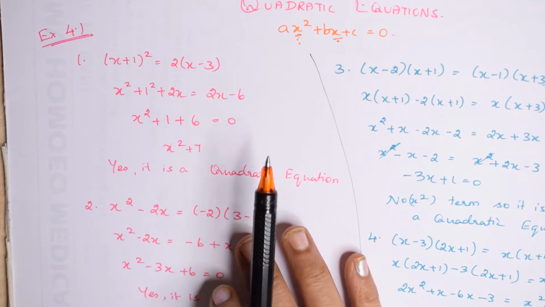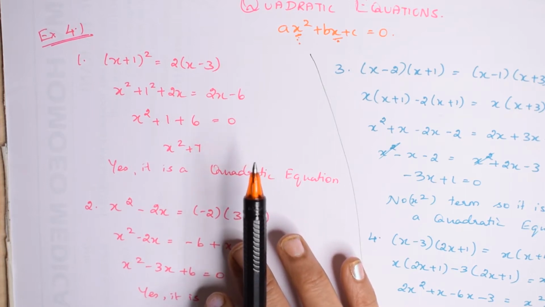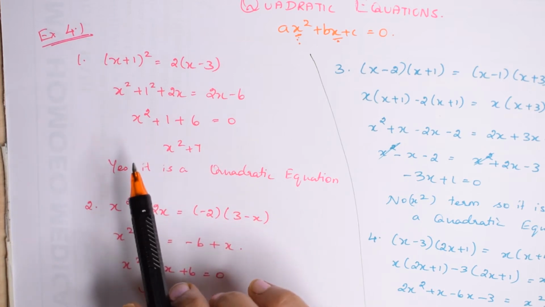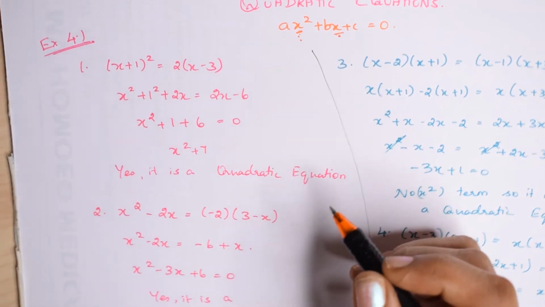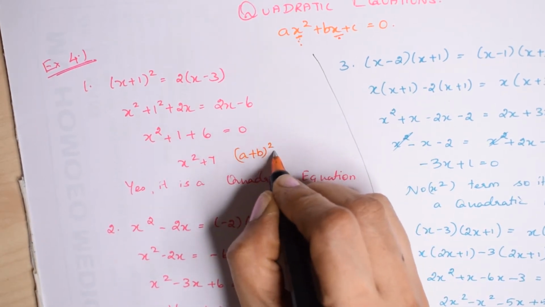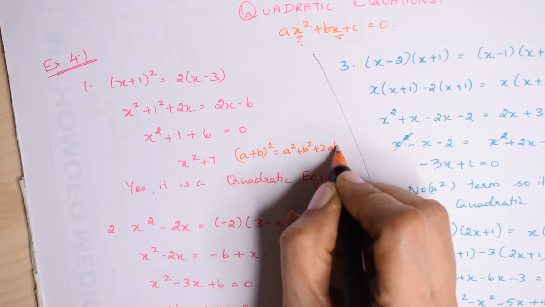If you don't know it's not a problem, but better you learn it, because you won't have time to solve it if you don't know the formula. (a plus b) whole square is equal to a square plus b square plus 2ab. If you want me to write, I can write it here on the side.